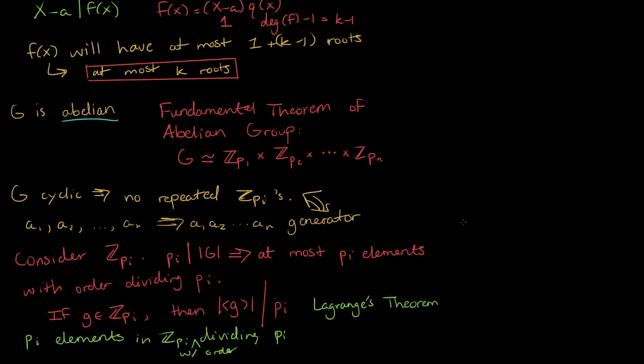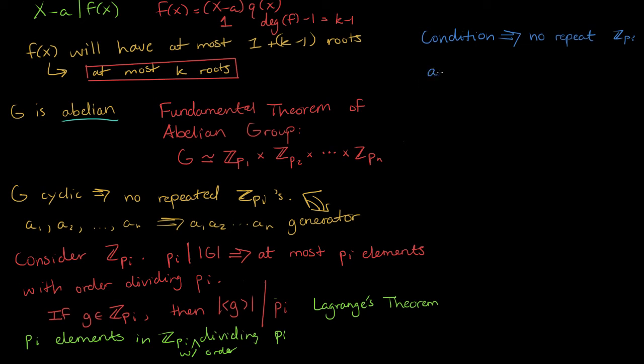Scrolling to the side and coming up to the top here, let me switch colors so that I'm not going to confuse myself with the rest of the stuff to the left. The condition we're given implies that we cannot repeat a Z_{p_i}. If we did, we would have a contradiction, because we would have too many elements of order dividing p_i. And if you remember, no repeated Z_{p_i} means that G is going to be the direct product of different-length cyclic subgroups.